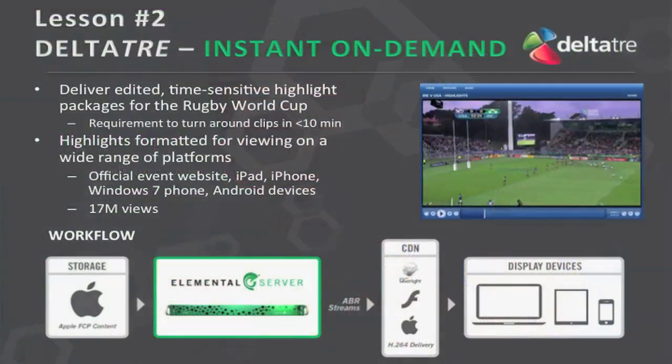The second key lesson was around a company that we work with called Delta Tray, which powered all the video highlights for the recent Rugby World Cup last fall. In this case, it was taking highlights that Delta Tray was creating and very quickly creating multi-screen outputs for all of them. Speed was critical.